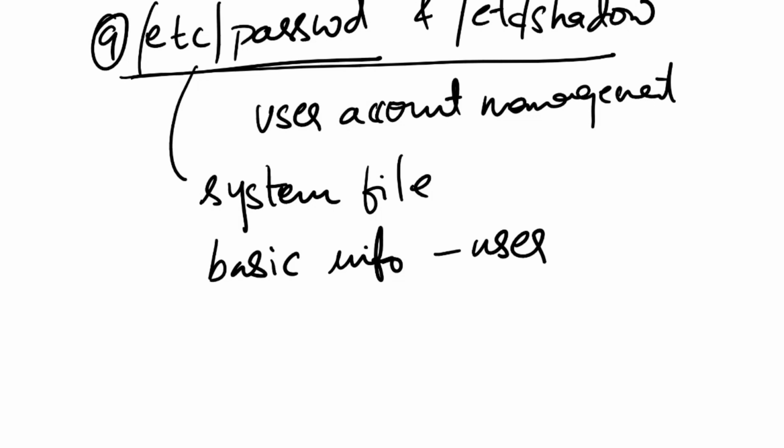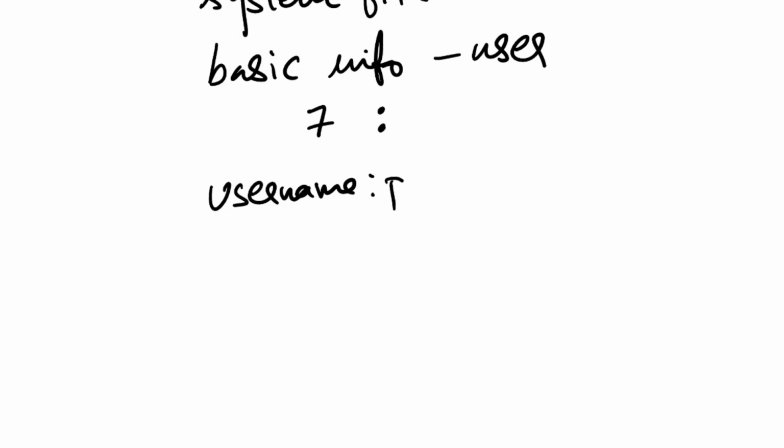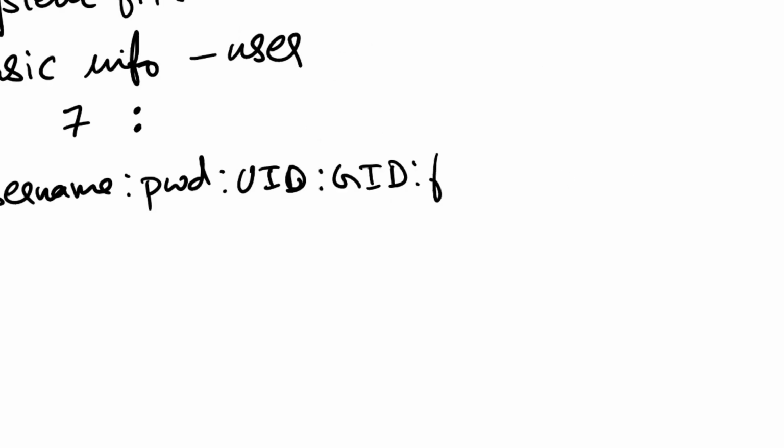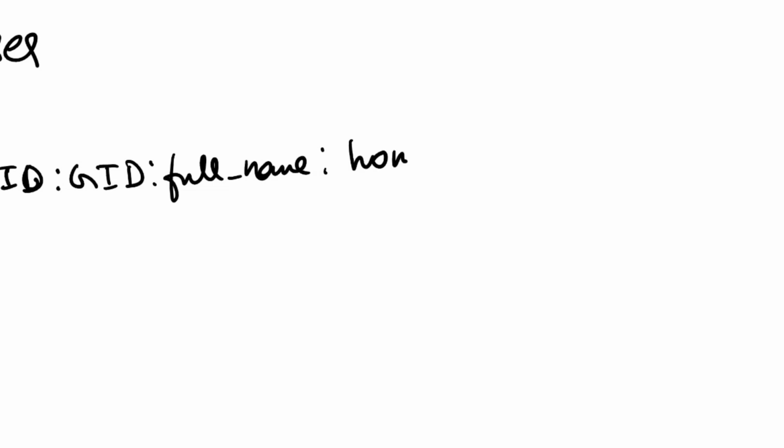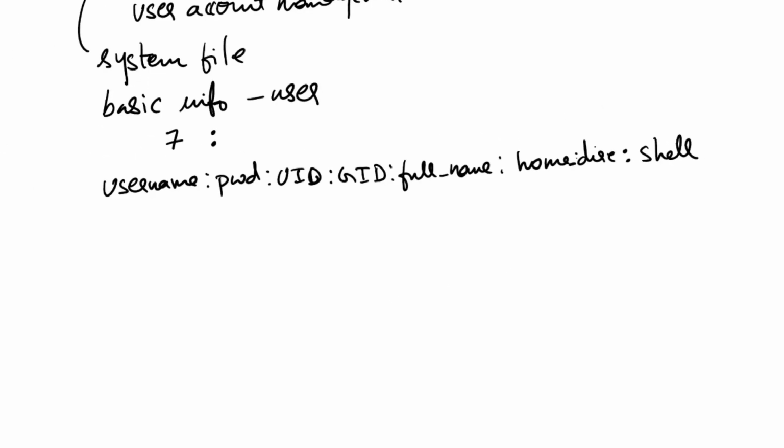The /etc/passwd file is typically structured with 7 colon-separated fields per line, each containing user account information. Let's see an example. So it's username:password:UID:GID:full name:home directory:shell. So this will be the format.